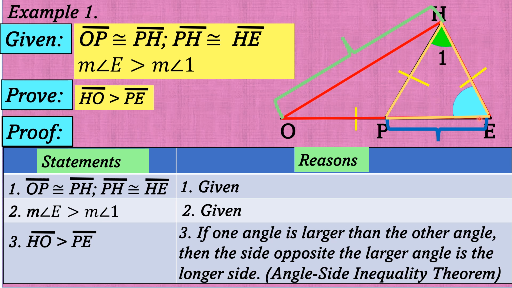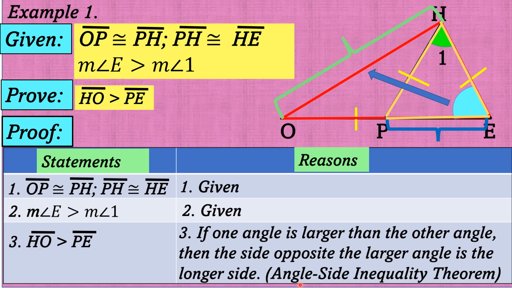Now, since angle E dito ang may greater measure compared to angle 1, then yung opposite side niya, which is side HO, ang merong greater measure of length. So, mas mahaba si side HO compared to side PE. So, ito yung ating magiging justification or reason to prove that side HO is greater than side PE.